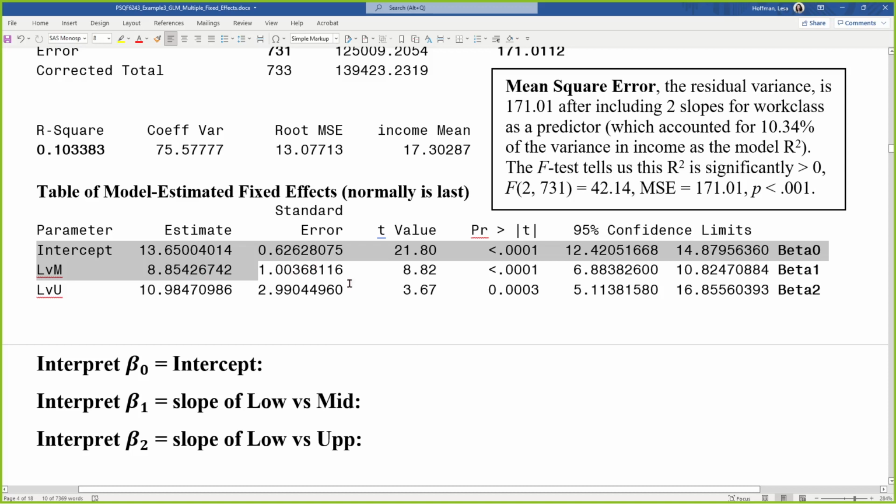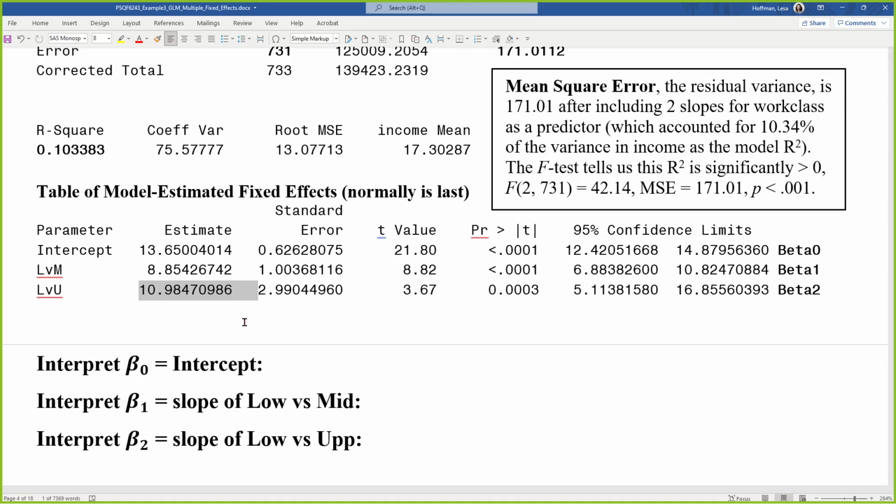Likewise, the mean of the upper group is not 10. That's how the upper group differs from the lower group based on my coding scheme. What do I need to add together to get to the mean for the upper group? Yeah, 13 plus 10, exactly.